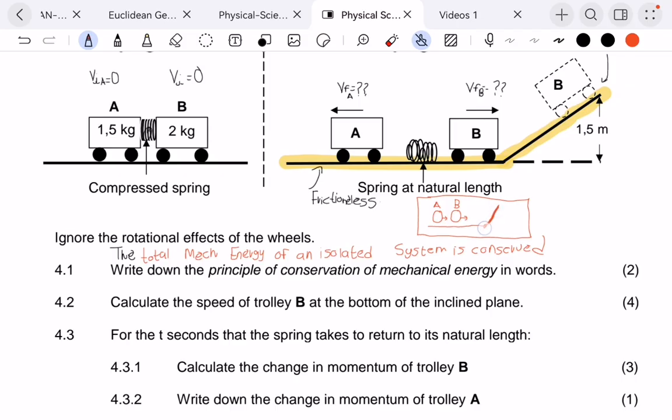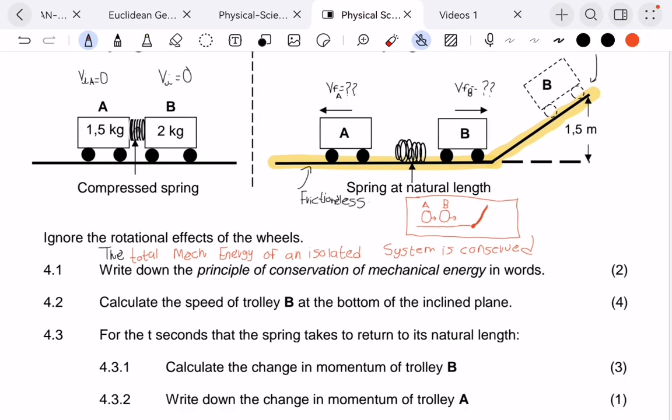So at this point, we can calculate their kinetic energy, because these two are moving. Obviously they will have kinetic energy. So we can find K mechanical.